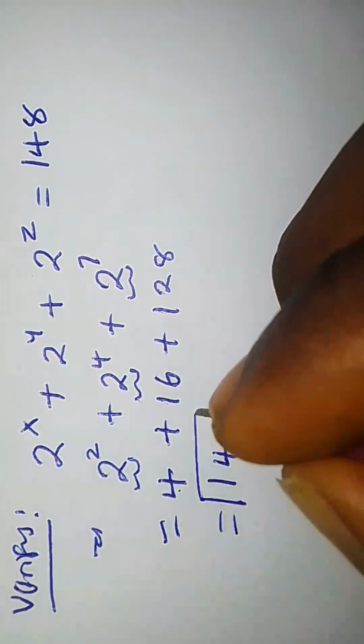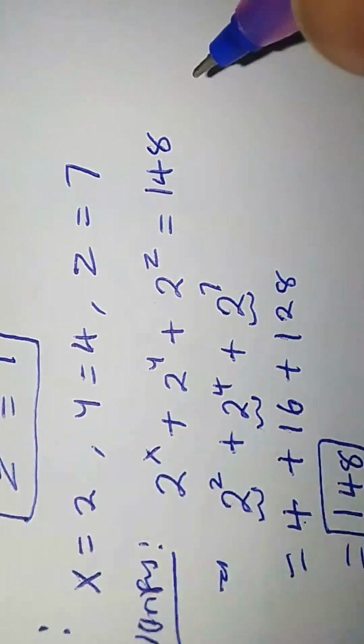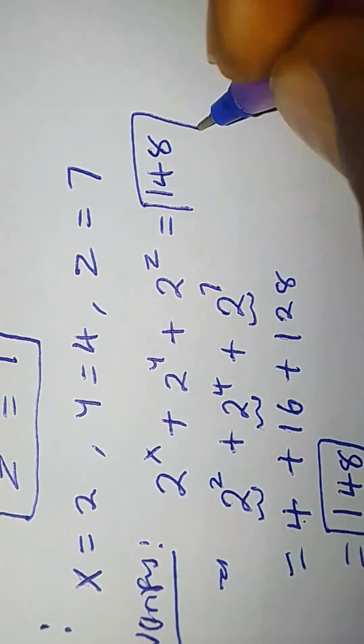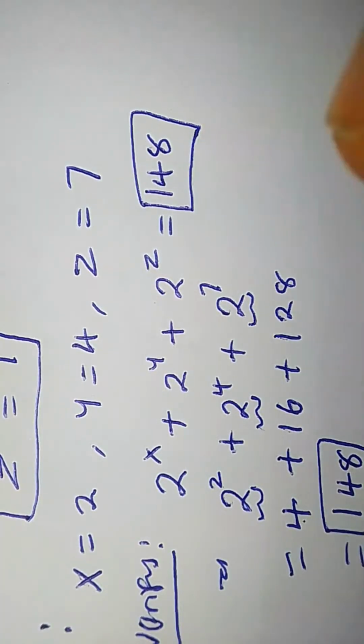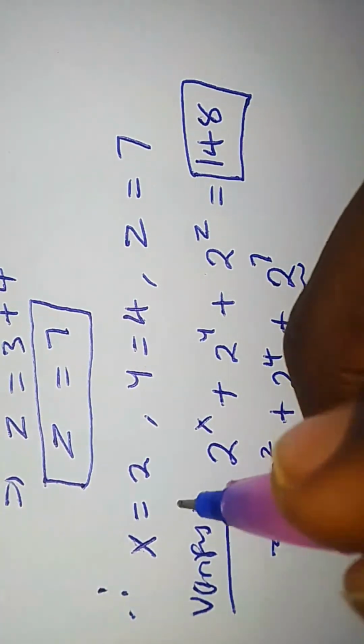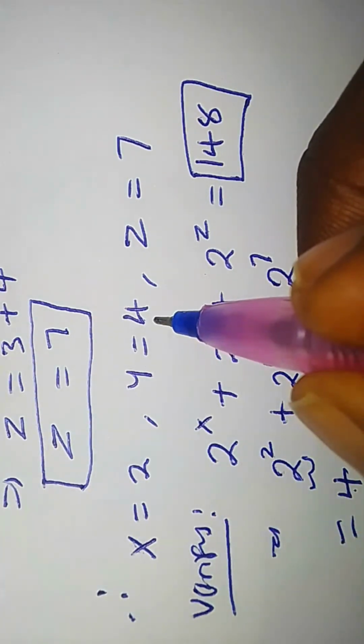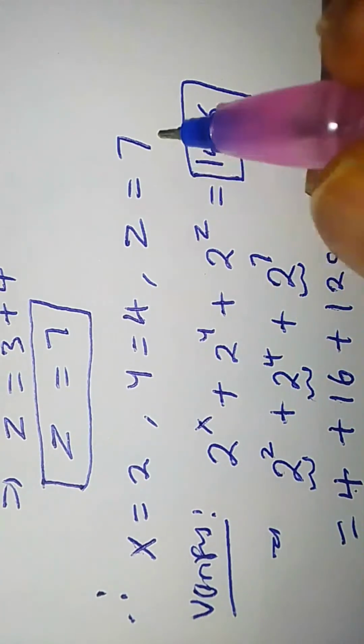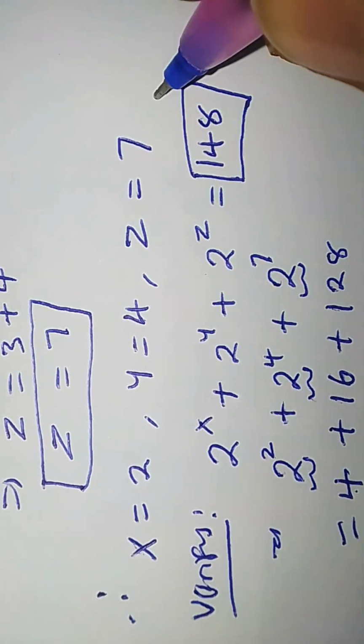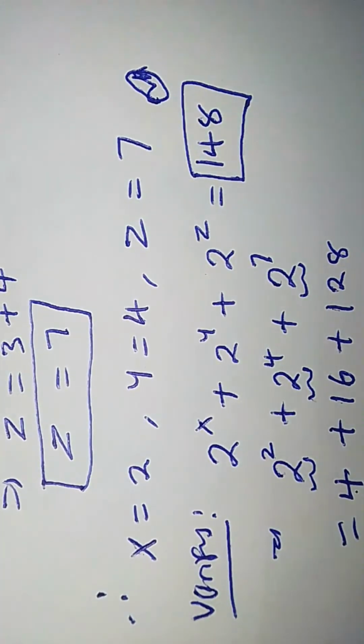This is exactly what we have on the right hand side of this equation. That means, indeed, the answer we got here, x equals 2, y equals 4, and z equals 7, are indeed correct.